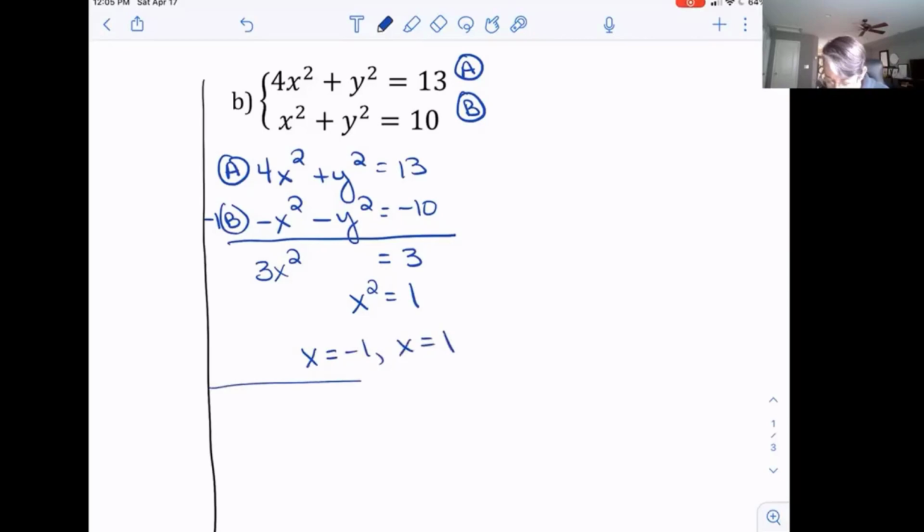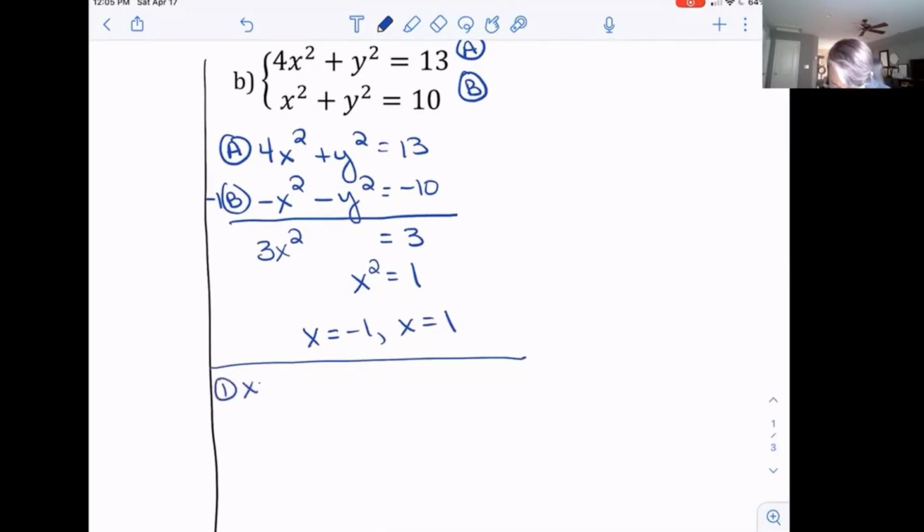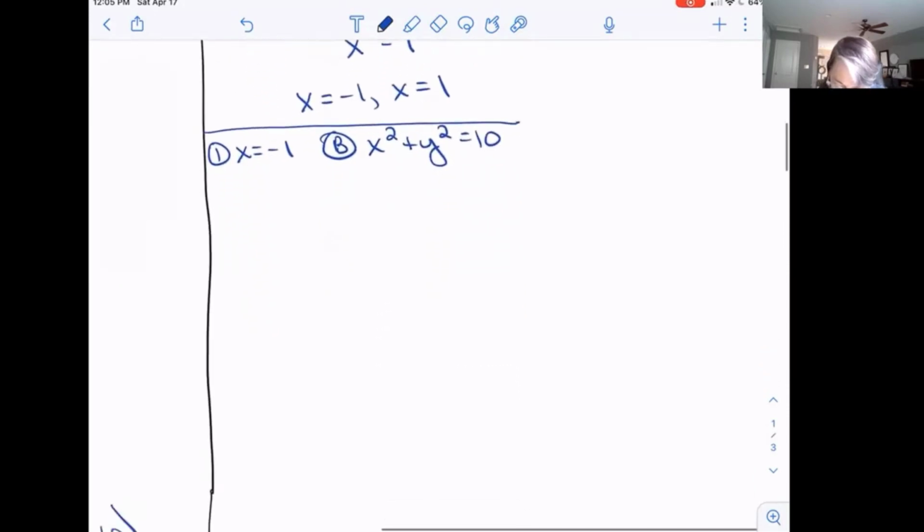So let's look at both possible solutions. If we first look at x equals -1, again, we can use equation A or B. It's just B seems a little bit more simplified. There's no coefficients. So I would prefer to use B, x squared plus y squared equals 10.